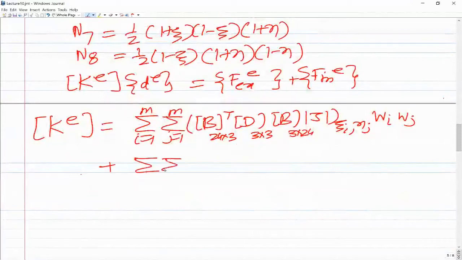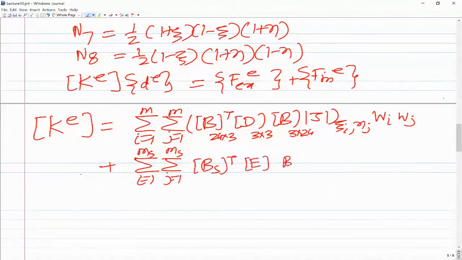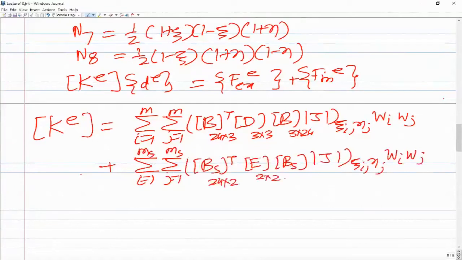So i going from 1 to ms, j going from 1 to ms, and then you have Bs transpose into E into Bs into determinant of the Jacobian matrix, the whole thing evaluated at xi i, eta j into wi wj. You will see that Bs transpose would be 24 by 2, E is 2 by 2, and this is 2 by 24. So this is also the same thing, a 24 by 24 matrix.